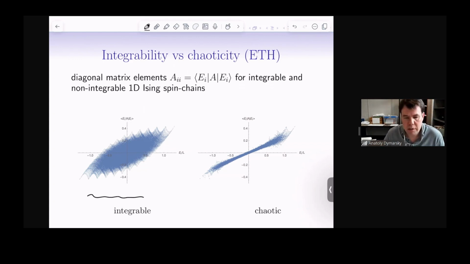But if you consider a system which is chaotic, which doesn't have an extensive number of conserved quantities, then the diagonal matrix elements actually form a very nice smooth curve here. And that is a prerequisite for those values to be thermal. So this is just numerical evidence that when the system lacks an extensive number of conserved quantities, then individual energy eigenstates are thermal.